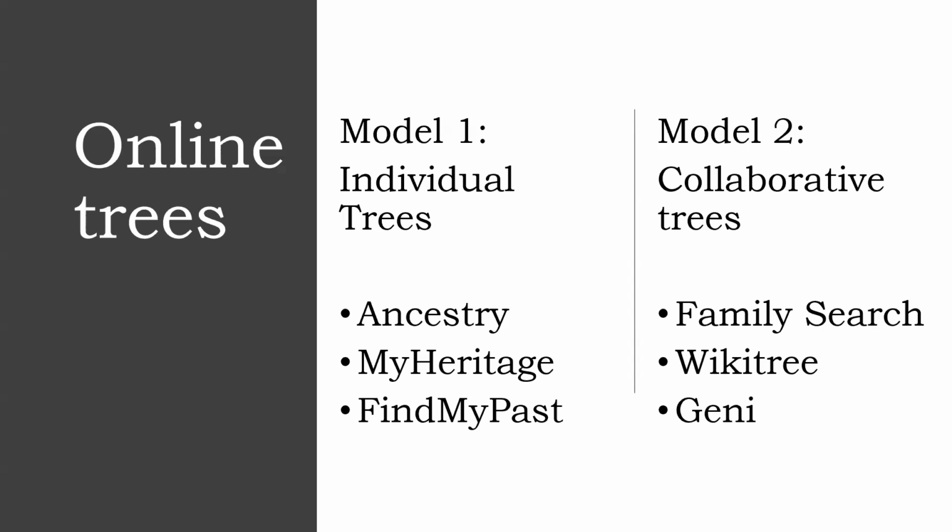And so ideally, every person in the tree has one entry, meaning that if you and several cousins are working on your, like, 8th great-grandparents, there's only one entry for those great-grandparents instead of each of you having your own tree. And you don't fully control the information. Anyone can change it.